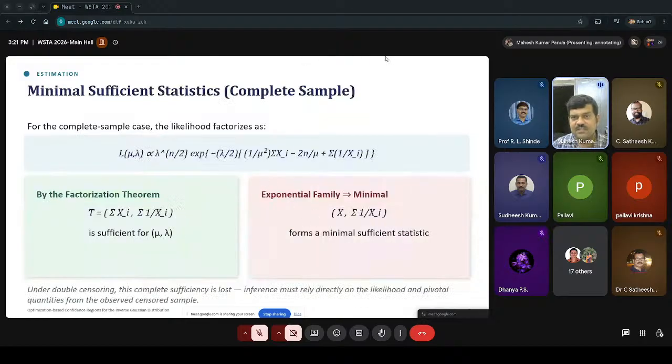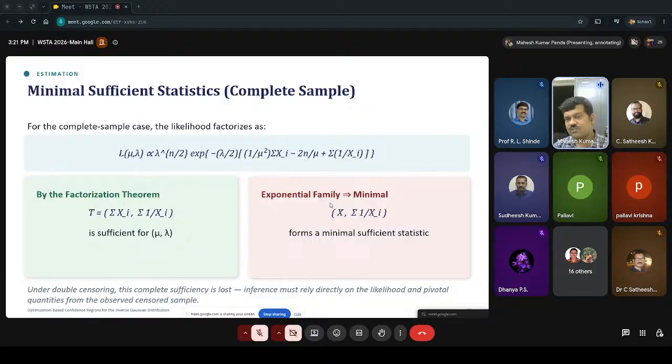Let us first see what happens when we go for the complete sample. If you are able to observe the complete sample, then the likelihood function will factorize and be proportional to this expression. From the factorization theorem, you can know that the summation of xi and the summation of 1 over xi are jointly sufficient statistics for both parameters mu and lambda.